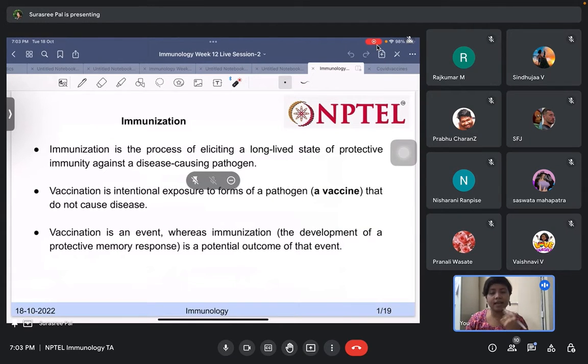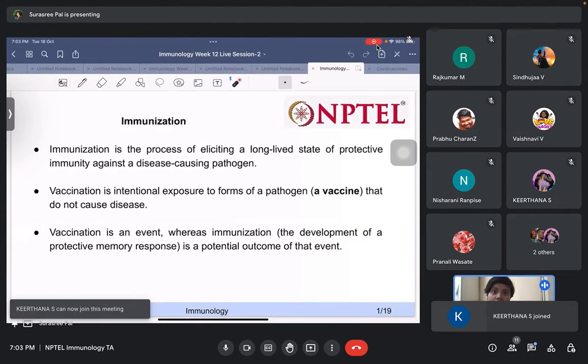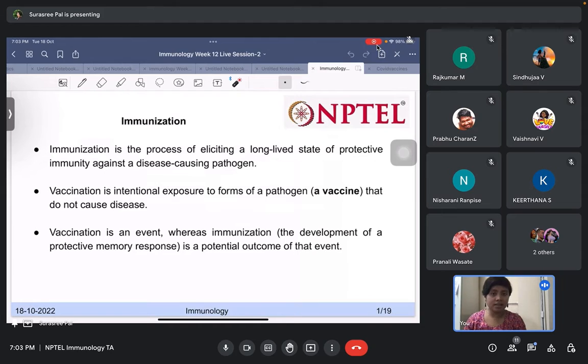This anti-venom is basically raised in some organism like a horse, so that provides antibodies against the venom. That is a passive immunization process, whereas vaccination is an active immunization process.